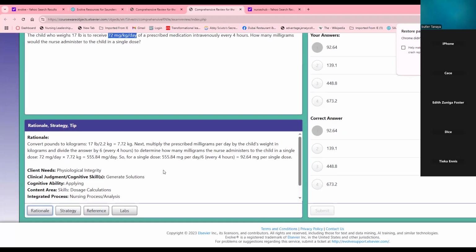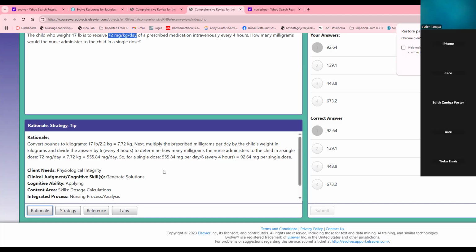So let me take out this here. I don't know how they got 555. I think this is a wrong answer. Okay? Because if I take 72 and divide it by 2.2, let me try something here. They probably used, instead of using the whole weight, they probably rounded it after the weight.